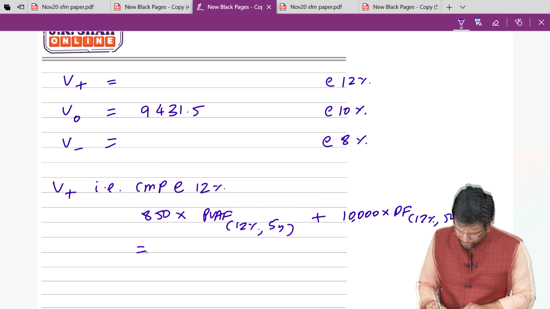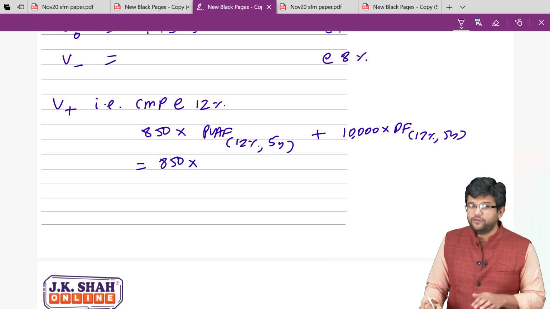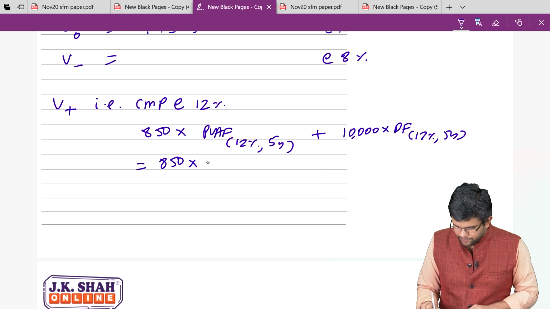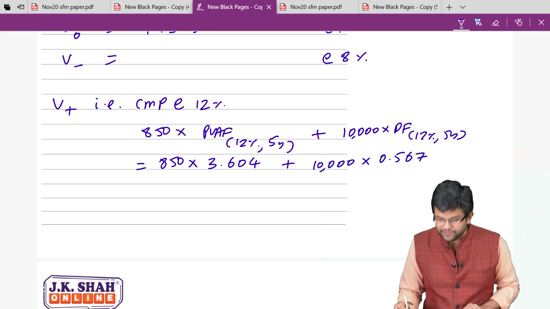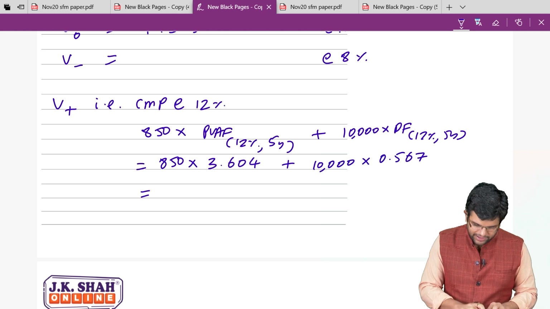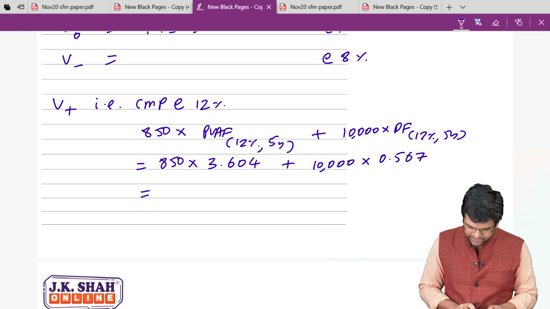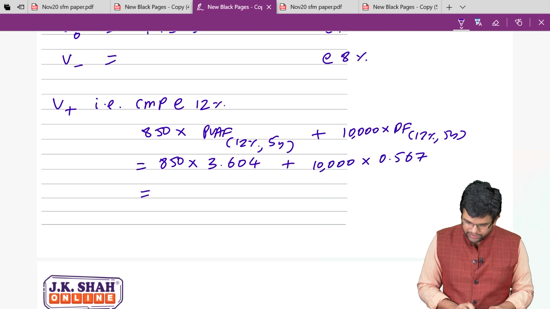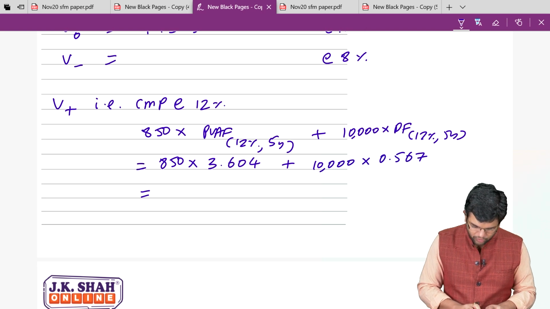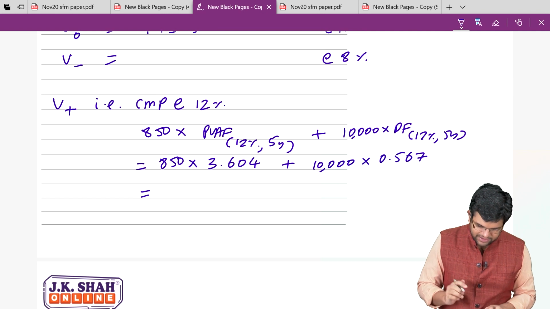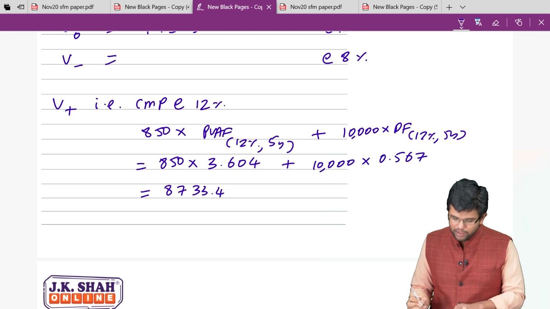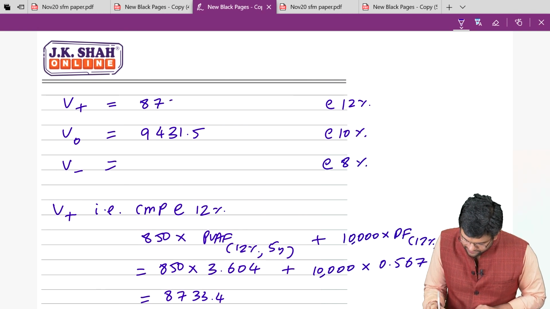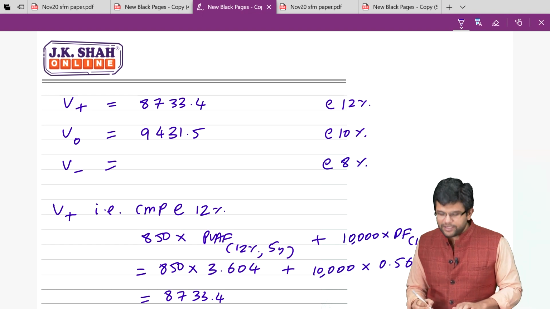Which is equal to 850 into, taking 3 decimals, the PVAF at 12% is 3.604, plus 10,000 multiplied by 0.567, the 12% fifth year factor. So 850 into 3.604 plus 10,000 into 0.567, and this will come to 8733.4.